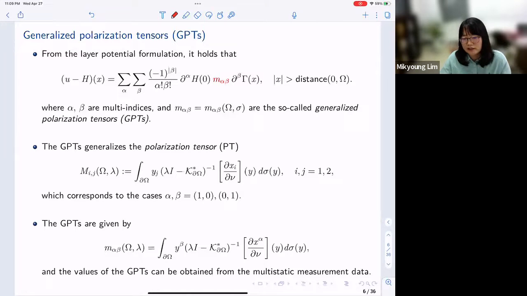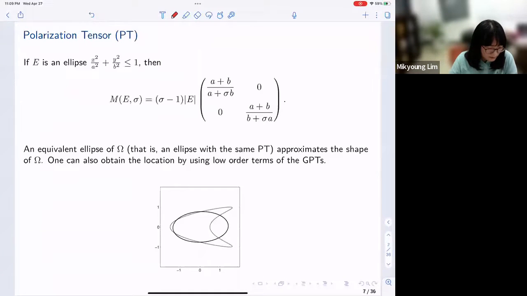So the inverse problem I'm considering is to get the exterior conformal mapping psi from the given values of the GPTs. The polarization tensor of an ellipse is this diagonal matrix. When the ellipse is located at the center, it has a very simple formula.